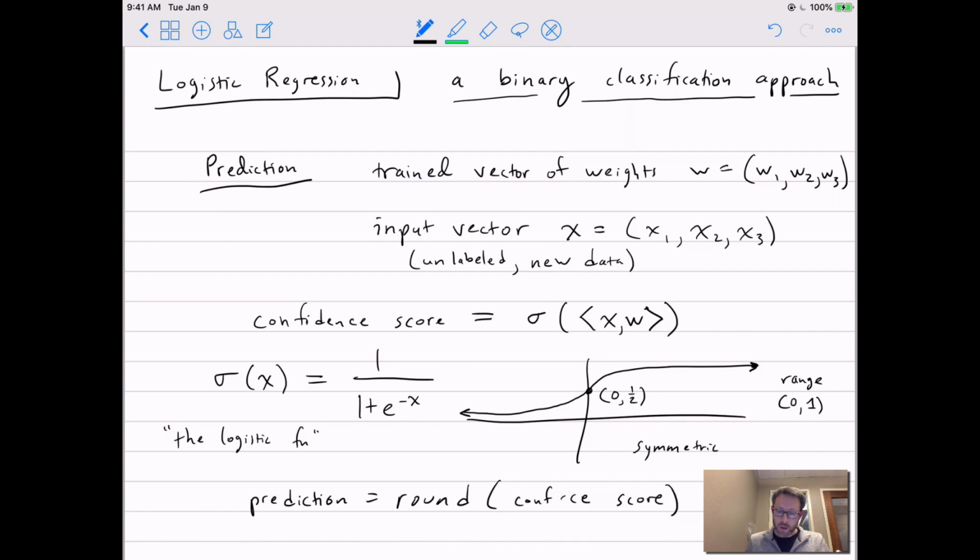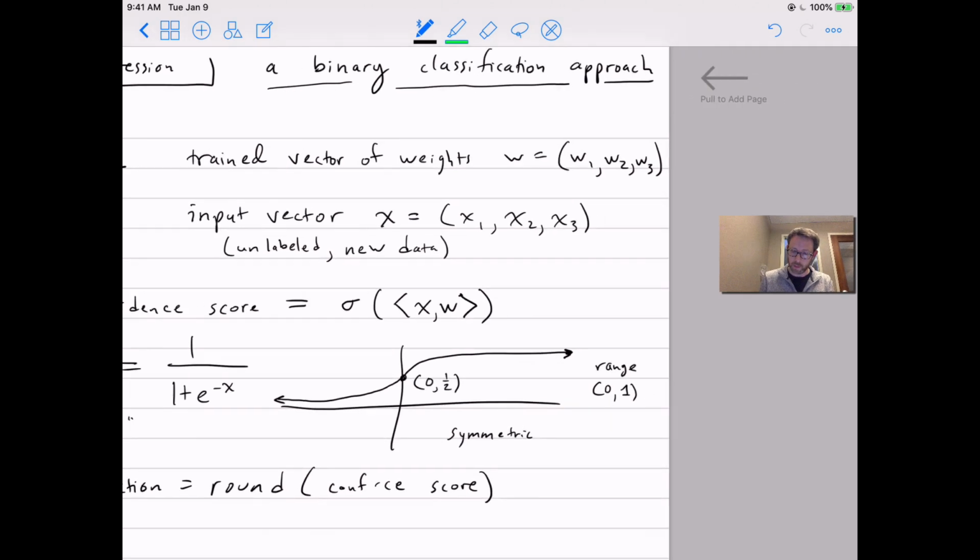Okay, so that is how logistic regression actually predicts values. And then there's something interesting about how it trains. But before we get to training, I want to try to give you a little bit of intuition.